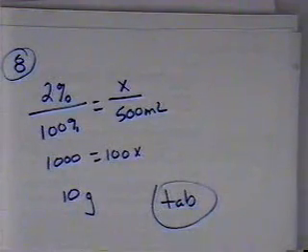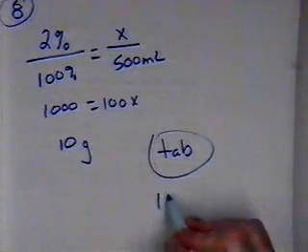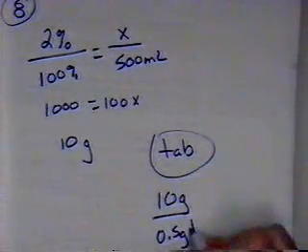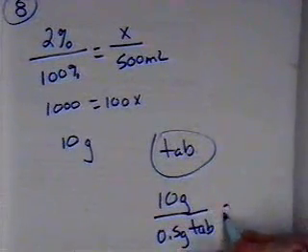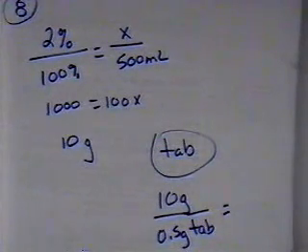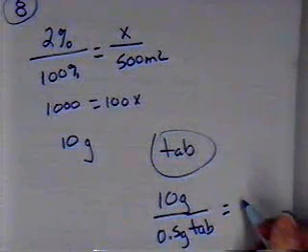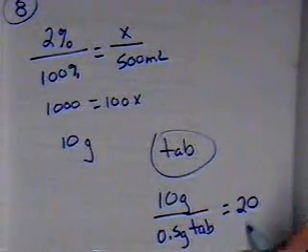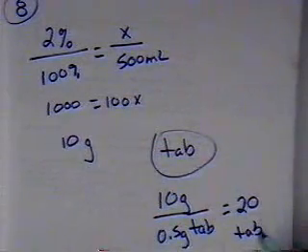Now we're going to do the tablet problem. And it says 10 grams divided by 0.5 gram tablet. Tablet has to go on bottom. So how many tablets? 20 tablets.